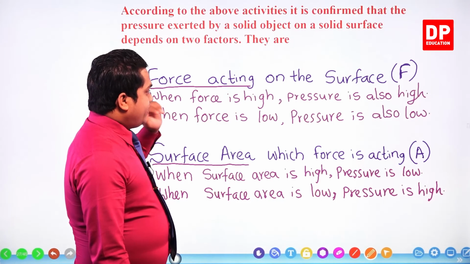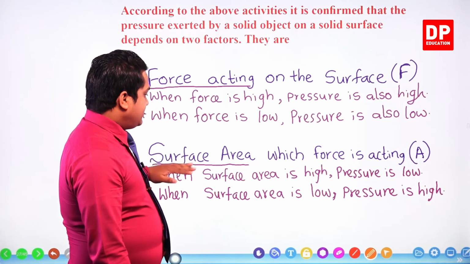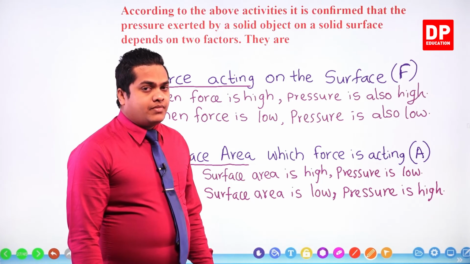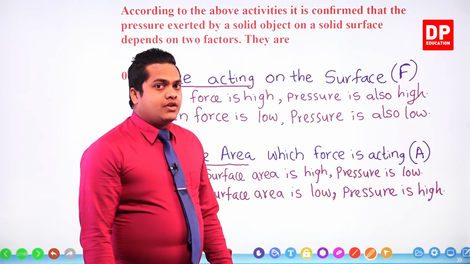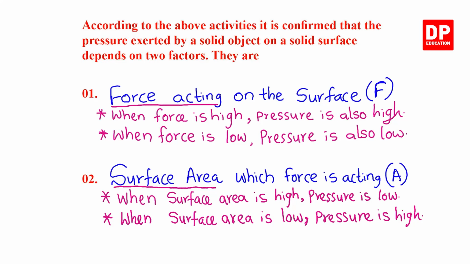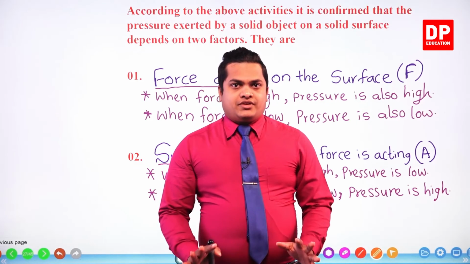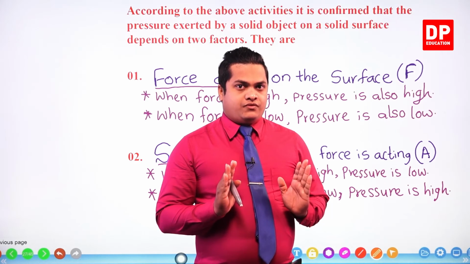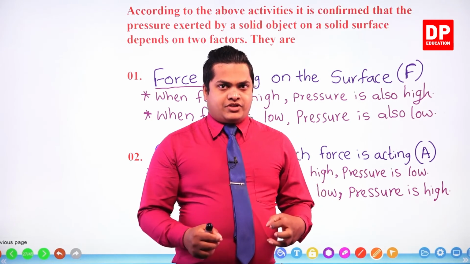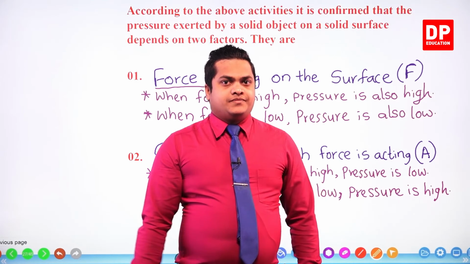Force shows a direct relationship while the surface area shows an inverse relationship, my dear children. Right then. So this is how pressure and the factors affecting the pressure work.